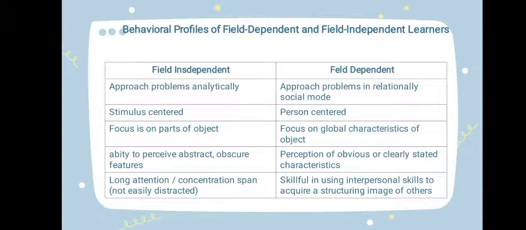And then field independent has the ability to perceive abstractly, and field dependent perceives views clearly. And the last, field independent has a long attention or concentration span and is not easily distracted, but field dependent is skillful in using interpersonal skills to acquire a structuring image of others.